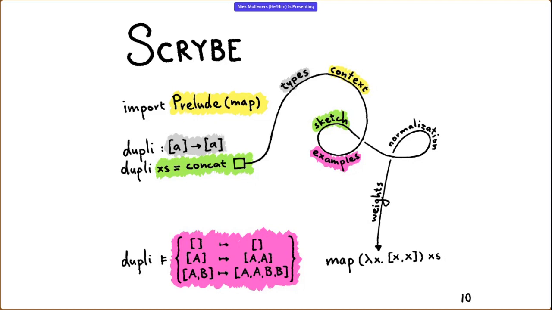And pushing examples through that is way easier. So it basically happens by evaluation. And then there are some caveats that mean that not all functions would be supported. But for most of them, it works well.